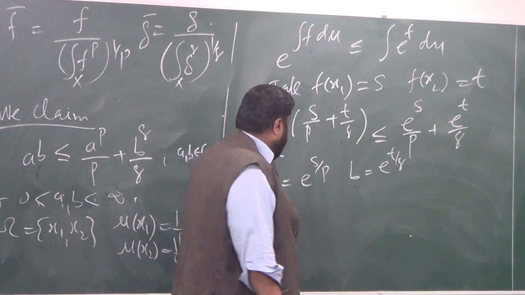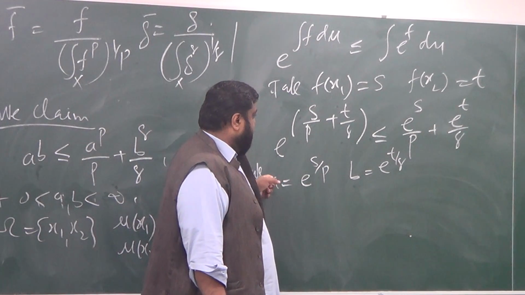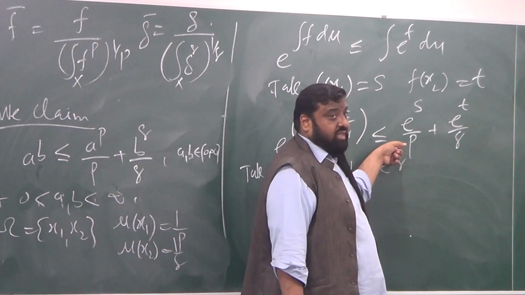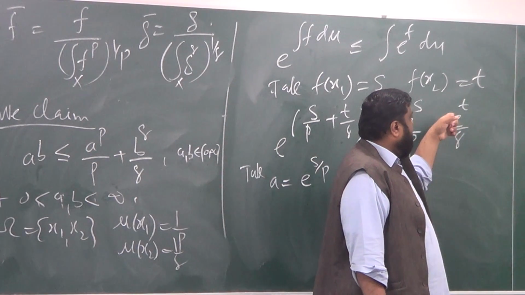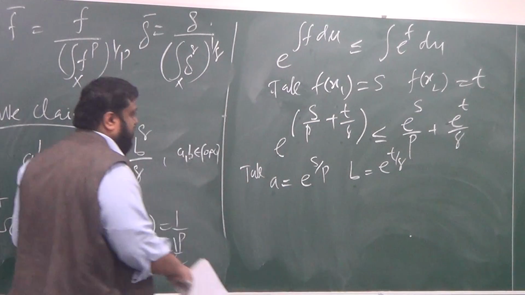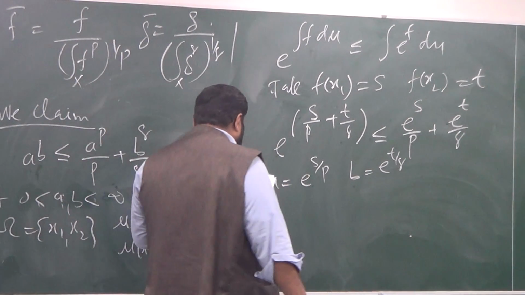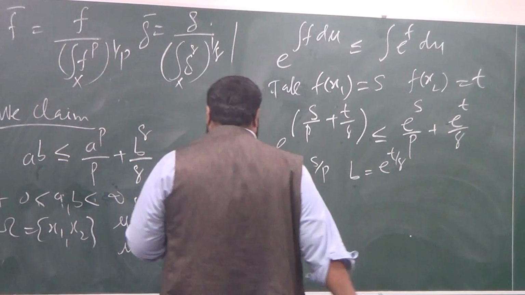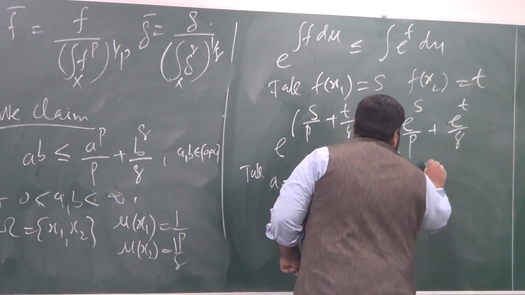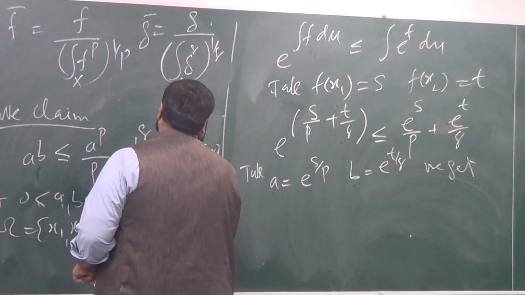So a to the p, because if I take the pth root, you're going to have a to the p over p plus b to the q over q. So the inequality is true. So we should then prove this as a lemma. Now if this inequality is true, we get star.